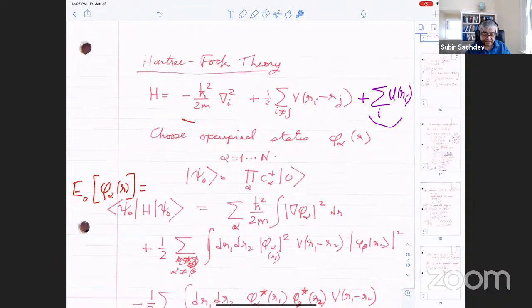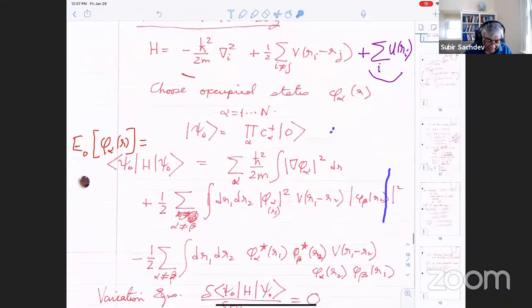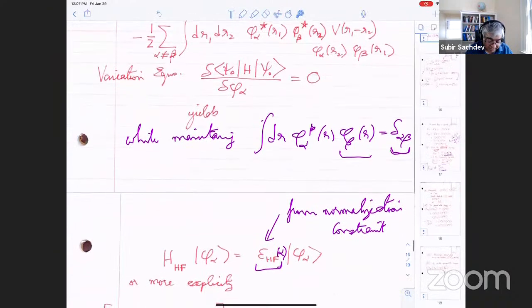So a first guess for the wave functions would be just the eigenstates of the one particle Hamiltonian, this one and this one. But you could start with that, but that's not where you'll end up typically. You could end up with different wave functions which optimize the many body energy than those that optimize the single body energy.